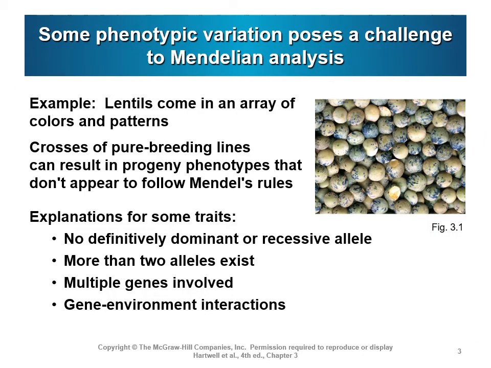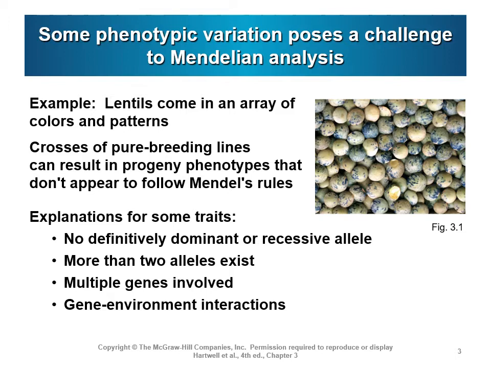There are cases in which the crossing of pure-bred lines can yield progeny phenotypes that don't resemble either parent and therefore seem not to obey Mendel's rules. For example, let's look at lentils. They come in many colors and patterns.